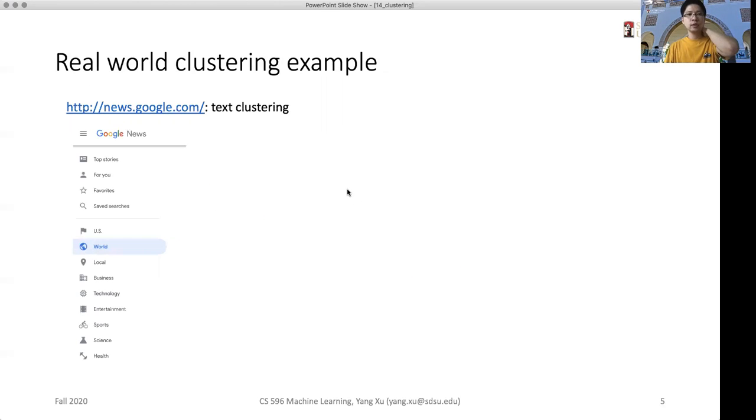Okay, so in a real world clustering example, Google uses clustering algorithms on text data, like the news articles that are published in a day. It's a huge amount of text data, and how to efficiently cluster them into different categories is actually a very challenging issue.